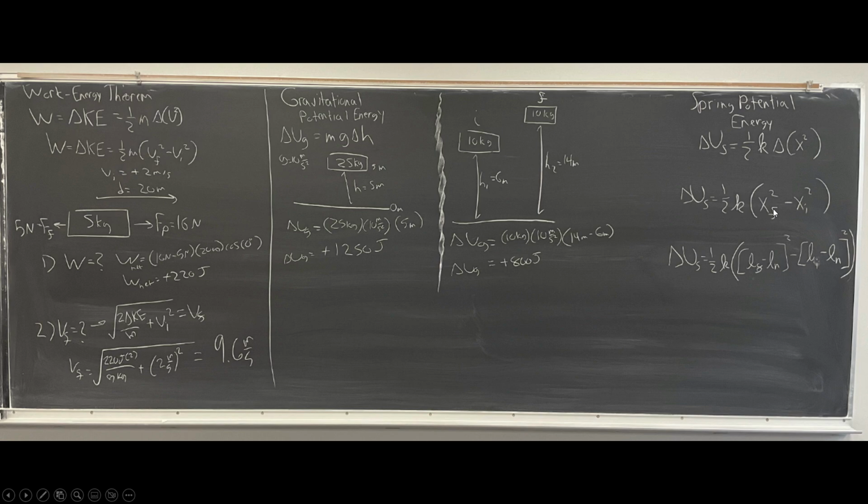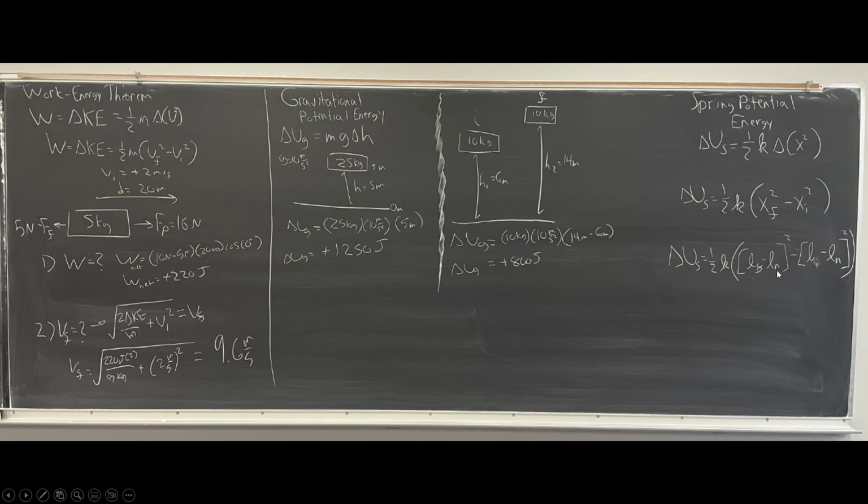Now, what we should have is x_f is really L final minus L_n. L final means the final length of the spring, minus L_n, the natural length of the spring. That's not the natural log function, but just a way of saying the natural resting position of the spring.